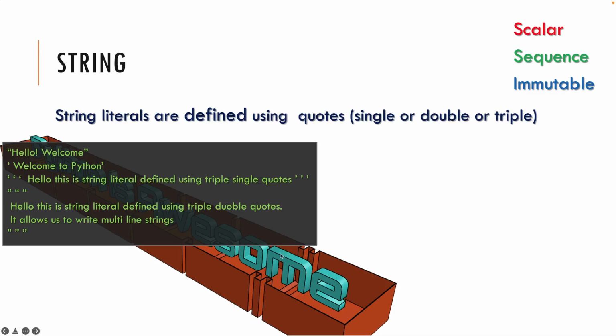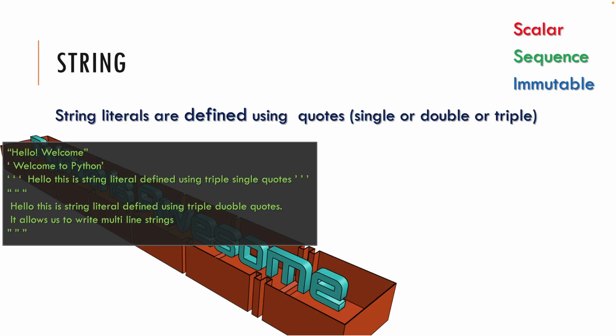You may think of it as a container, but it is a scalar and a sequence type, which means that it provides a way for us to access those characters in a sequential manner using the subscription syntax, where you can access characters using the index, or you can refer to a substring using the slice syntax. Also, it is immutable. For the time being, remember that anything immutable means once you define it, you can't change it.